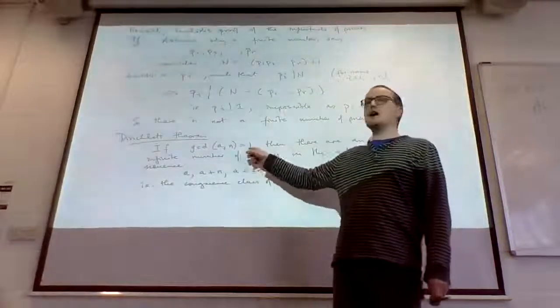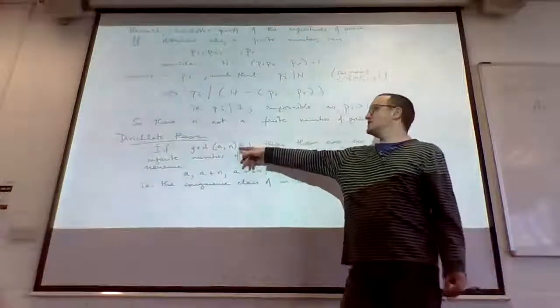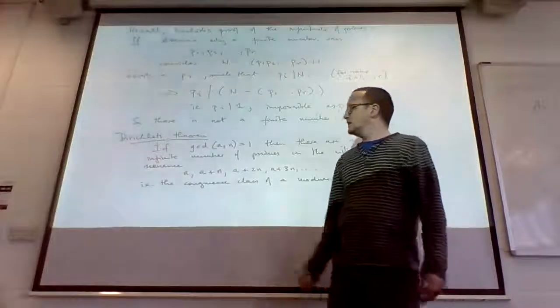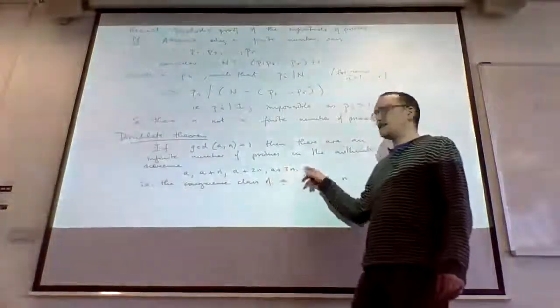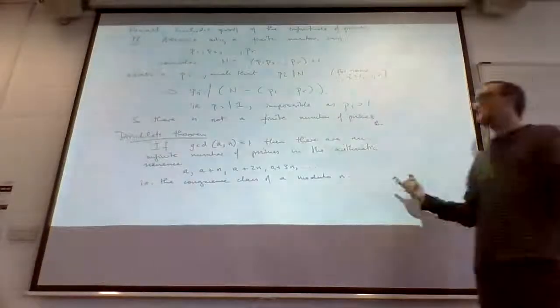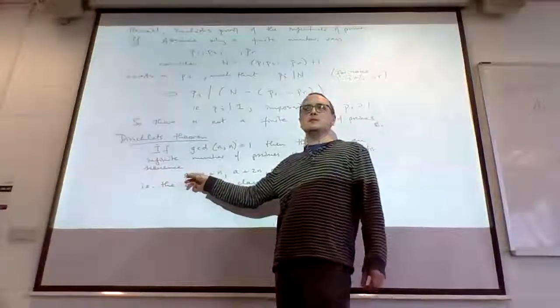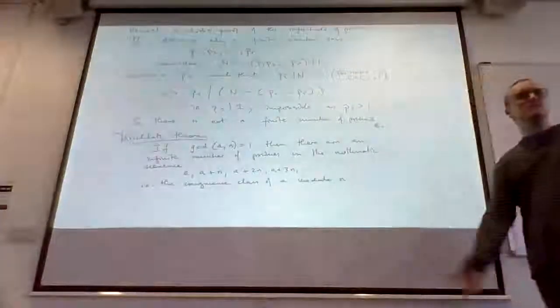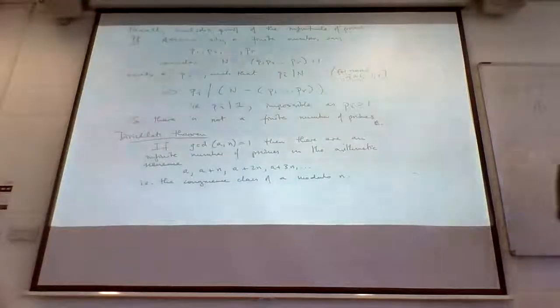If the GCD was not 1, let's say the GCD of A and N was 3, well, 3 divides A and 3 divides N. So that means 3 divides every number on this list. So they're definitely not prime. Maybe if A was 3 itself, the very first one would be prime, but everything afterwards is divisible by 3, so everything afterwards is composite.